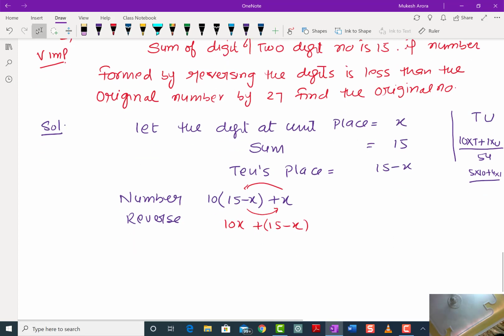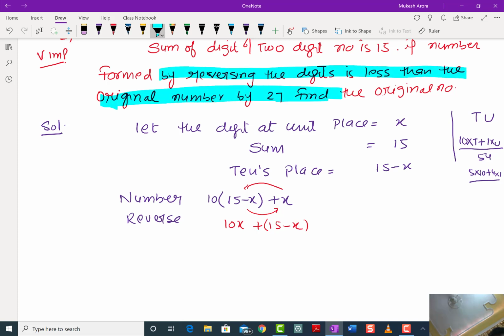He says that if the number formed by reversing the digits is less than the original number by 27, that means the original number is greater. Original number, 10 into 15 minus x plus x, minus the number obtained by reversing the digits.